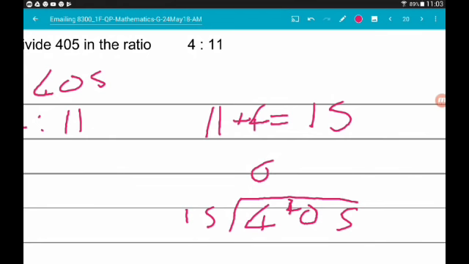Well, we got 15, 30, 45, that's too big, so it's 2. With a remainder of 10. So now we need 15s in 105. So we got 15, 30, 45, 60, 75, 90, 105. So it's 7.